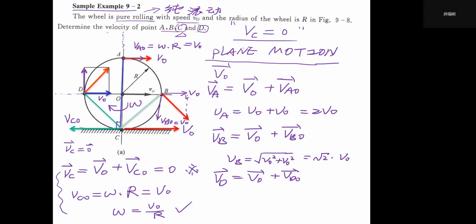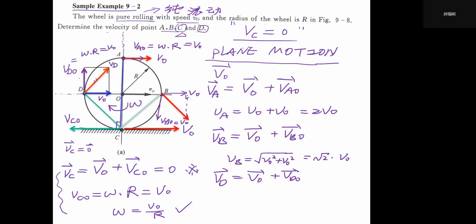So we find this direction will be VDO, and its magnitude will be omega times R, because OD is also R, also equal to V0. Then this diagonal will be what we want to find, the absolute velocity of VD.